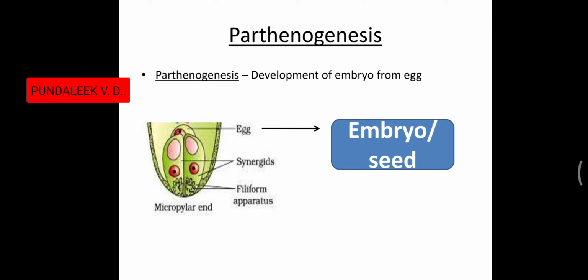In such cases, even if the egg develops into an embryo, it will be diploid. Otherwise, if the embryo sac is haploid in nature, then the egg will also be haploid, and the developed embryo can be haploid.